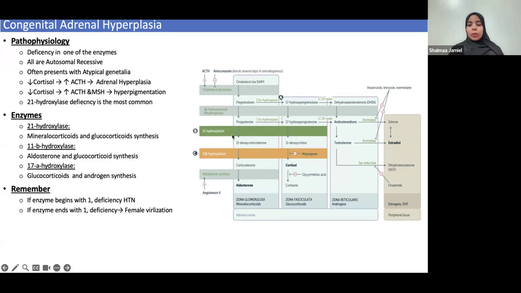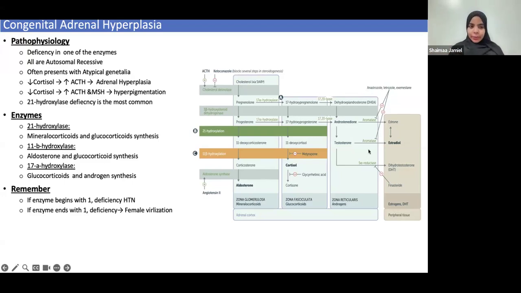Even though this is a weak mineralocorticoid, it's still going to have a very strong effect because it's going to be in high numbers, which is going to cause sodium retention and hypertension. This is the opposite of the 21 situation, where we don't have any mineralocorticoids, so we lose all that salt. We're not able to retain sodium, therefore it's called salt wasting, and there is no hypertension. But with the 11, because you have the 11-deoxycorticosterone, you're going to have the mineralocorticoid effect, which causes the hypertension and sodium retention.